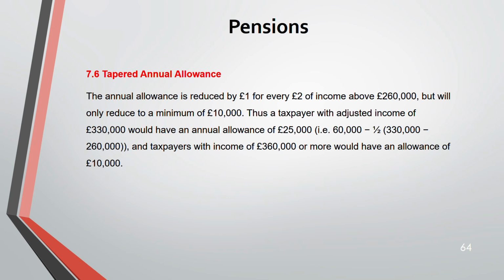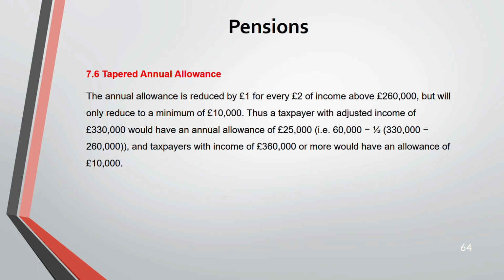Beyond that, you can't reduce. Lowest is 10,000. Let's say you have an adjusted income of 330. If you deduct 260 from 330 and take half of it, you deduct that amount from 60,000.